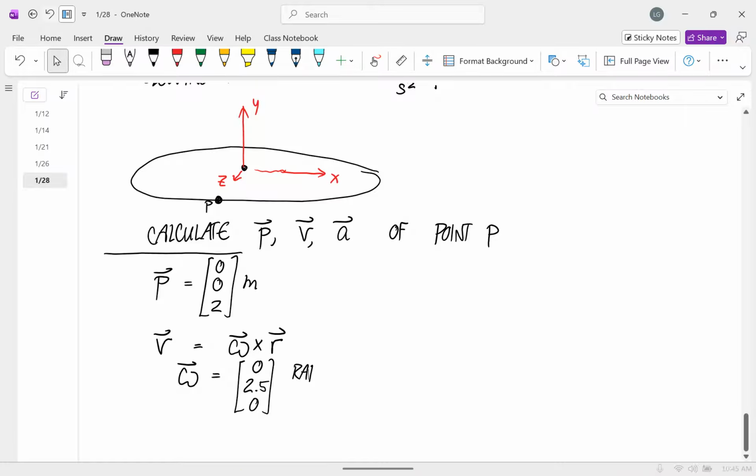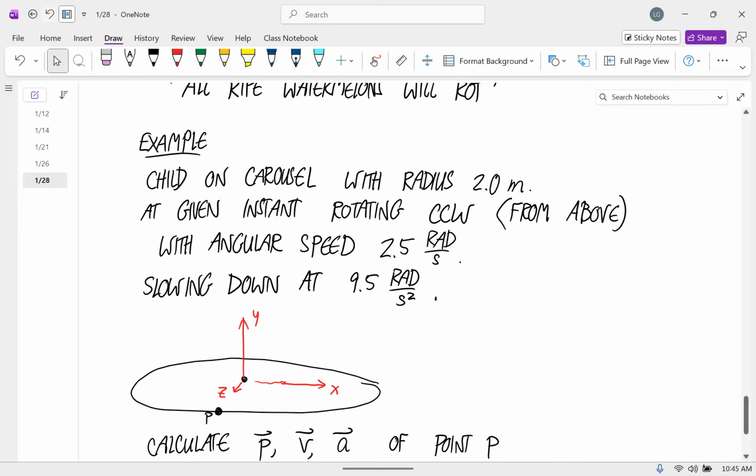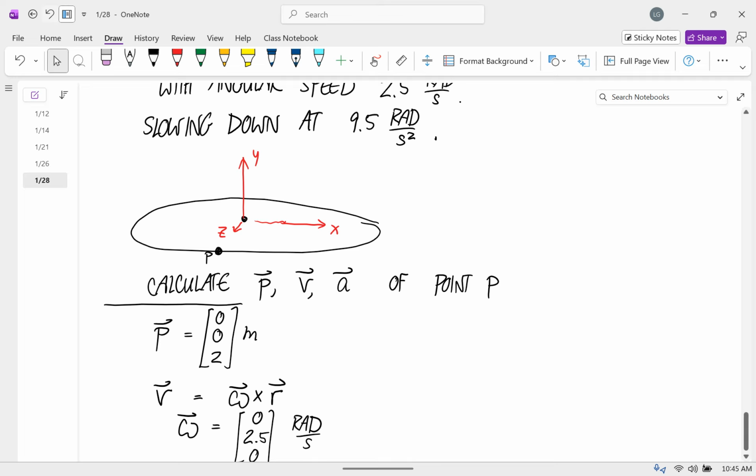I think you know that the radius was in the z direction. It is given in the problem. Say that again? The radius is 2 meters, right? 2 meters, yep. How do we know that is in the z direction? Well, that point P at this instant is just from the figure.